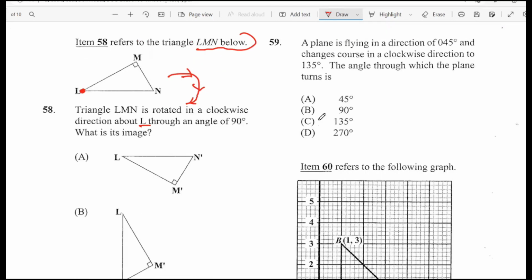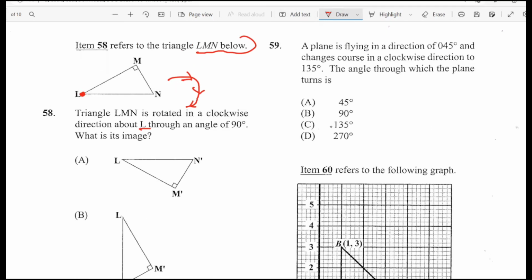One of the little tricks about 90-degree motion is that when you're rotating through 90, you can always look for vertical and horizontal lines, because this is a trick. All horizontal lines become vertical.